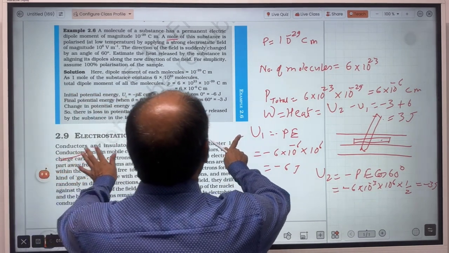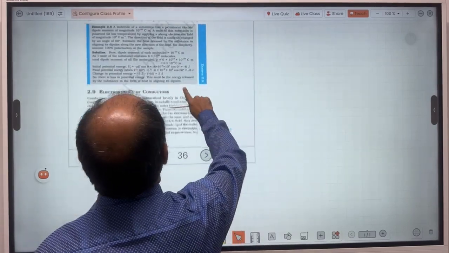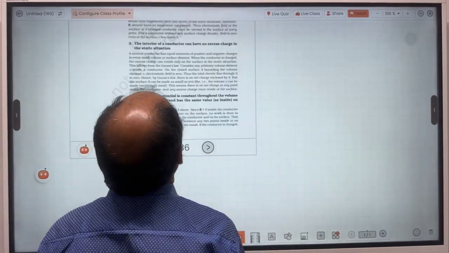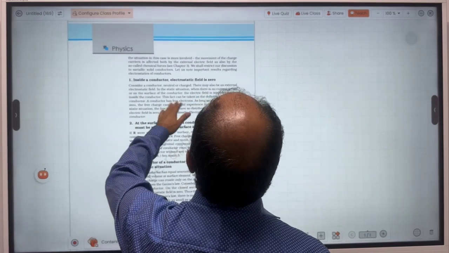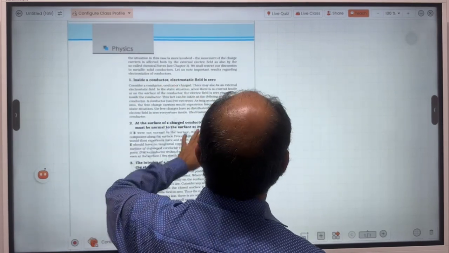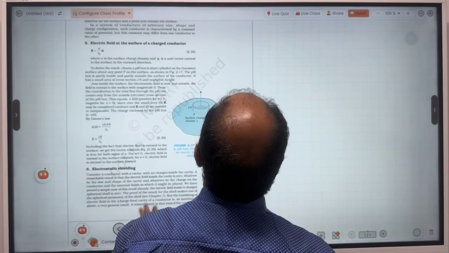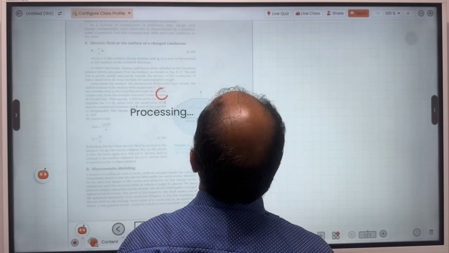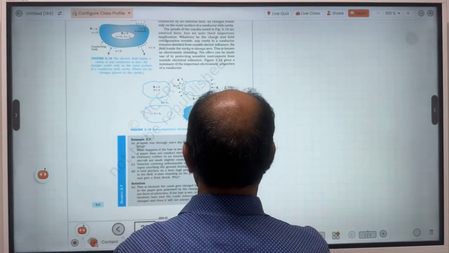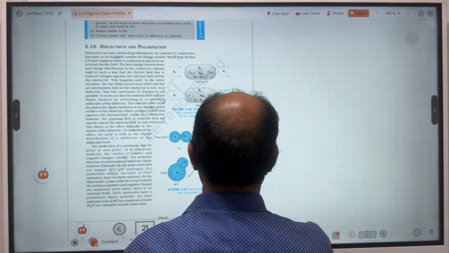So this is all for today. In the next class we will study electrostatics of conductors, and here the properties of conductors, like inside a conductor the electrostatic field is zero. So these are all things we will analyze. And the next point is electrostatic shielding. Then we will see some questions, and after that dielectrics and polarization.